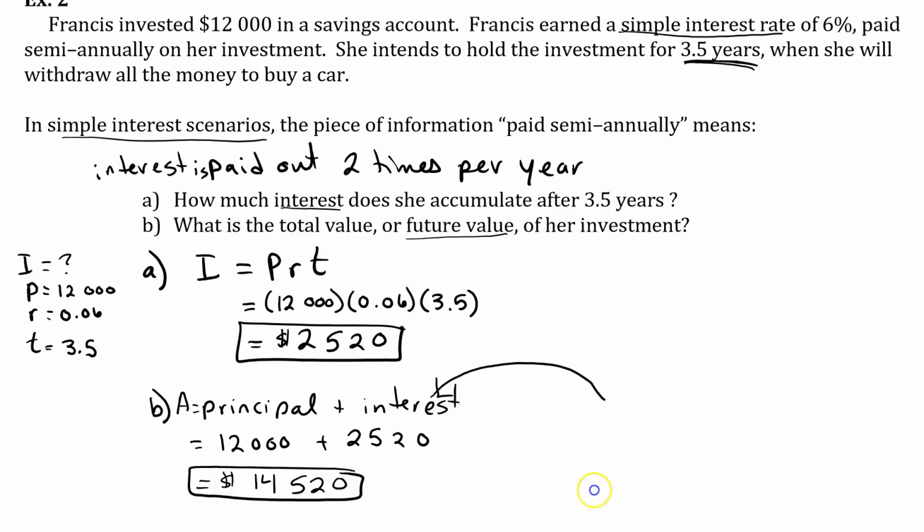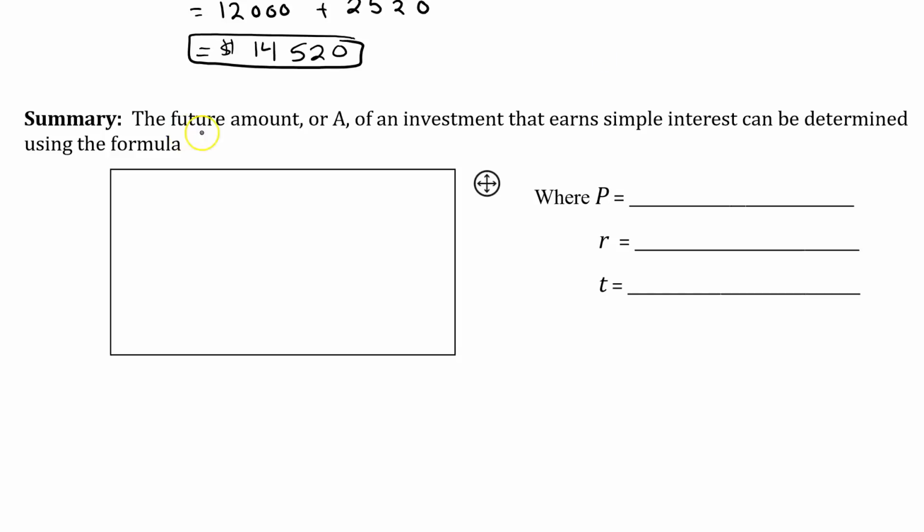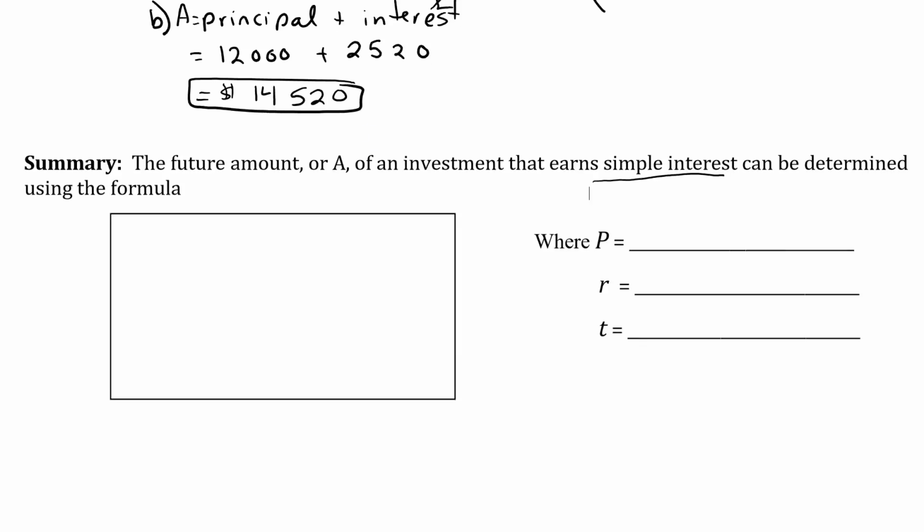So let's just summarize that in a formula here. So the future amount A of an investment that earns simple interest, here's keyword here, simple interest, can be determined by using the formula which we just developed. A equals the principal, or P, plus the interest, which is just PRT.